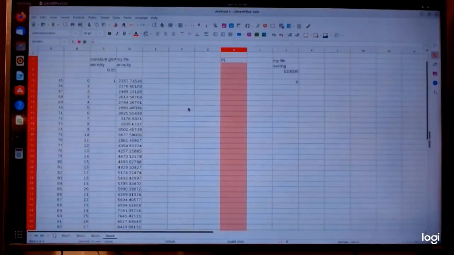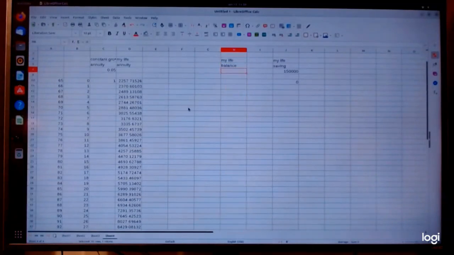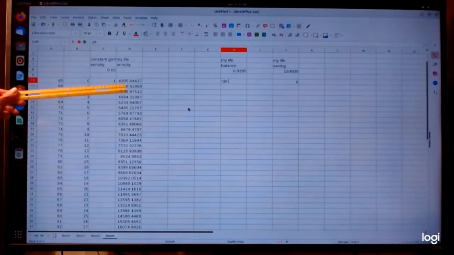My life savings balance, and if the balance is yielding what, the 3.95, if we want to look at the balance, it's J8 minus D10. Oops.